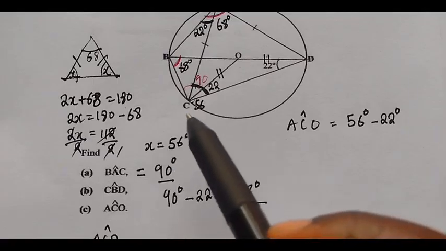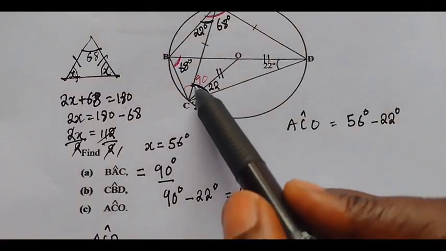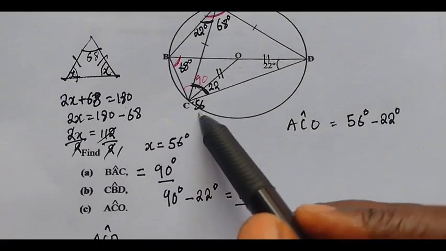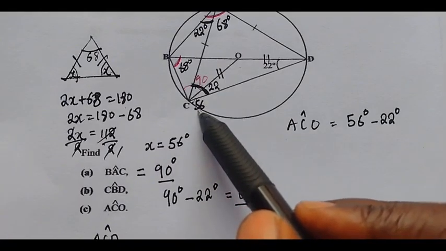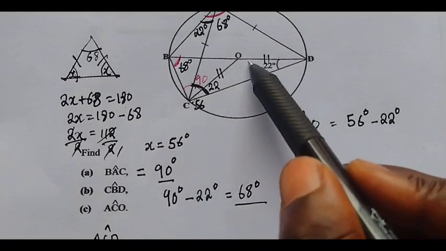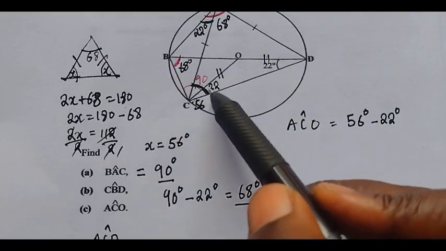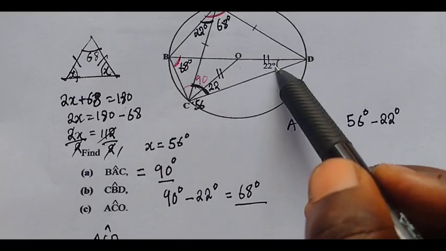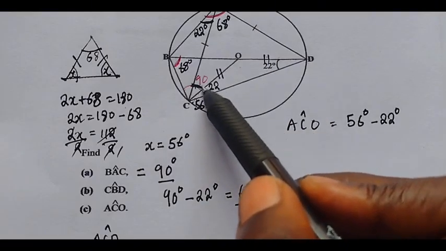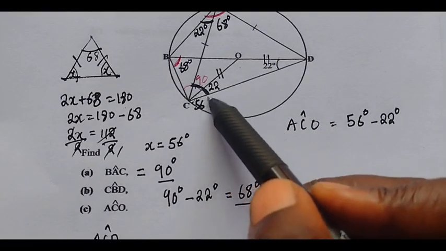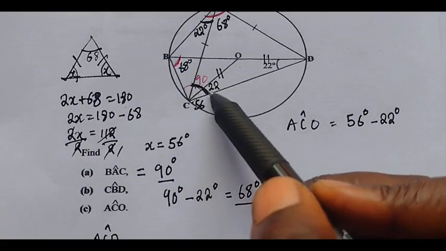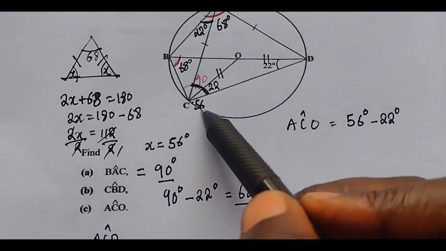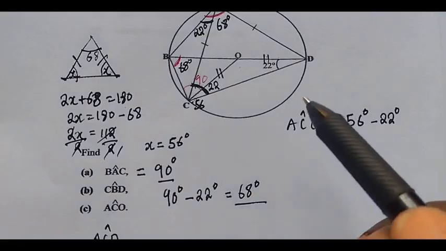So what we have done is we found this ACD, we said it's 56, which is right here. Since here we are saying the distance from OD and OC is the same, here we have 22, even here it's a 22, but this angle is 56. So if you have 22 here, to find this other one, just say 56 minus 22.